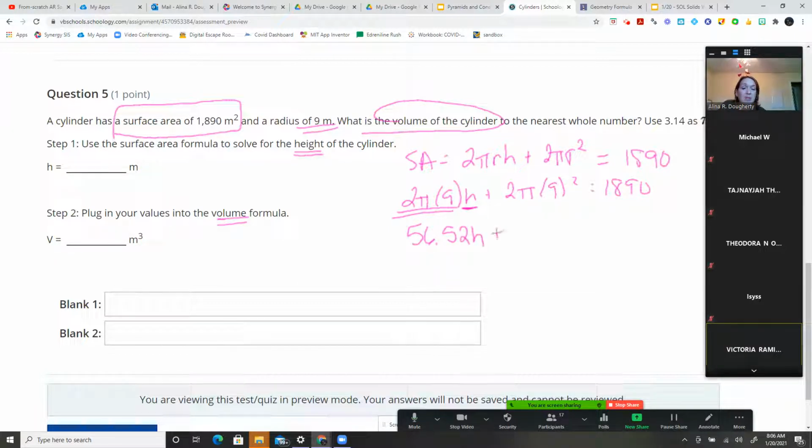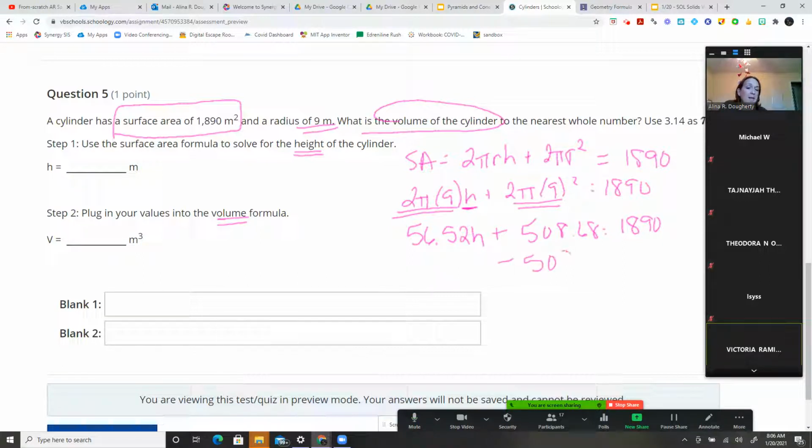I can't leave the h off. And then 2 times 3.14 times 9 squared is 508.68, equals 1890. It has a lot of decimals, but it's just a 2-step equation.